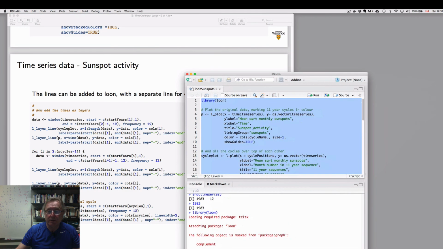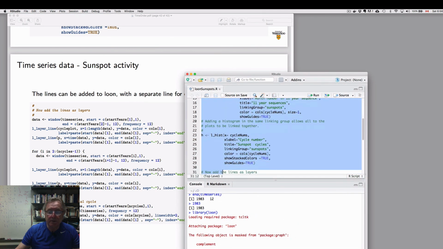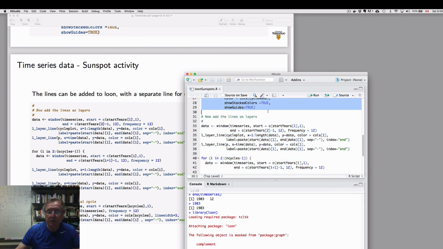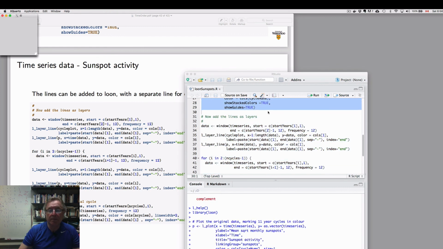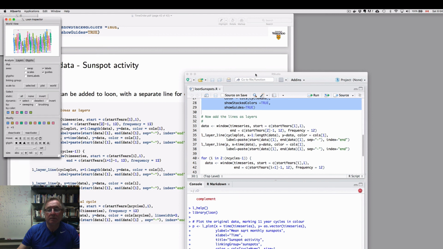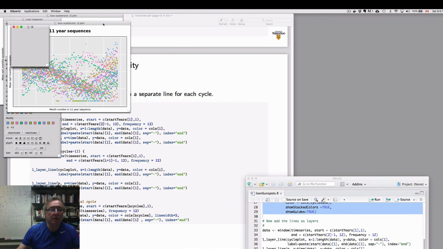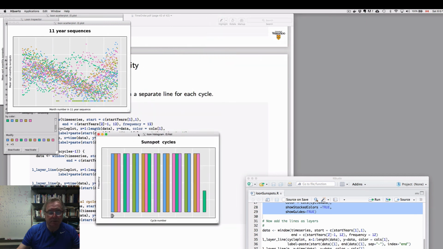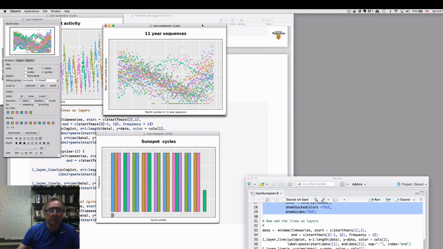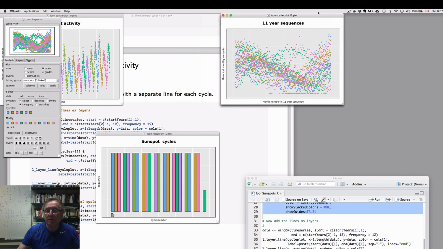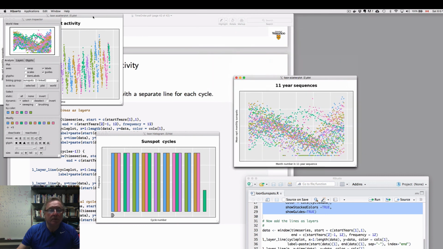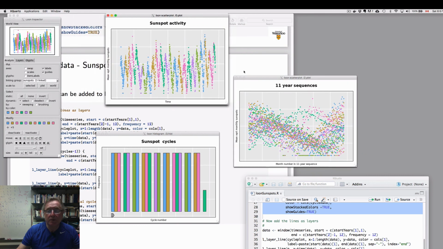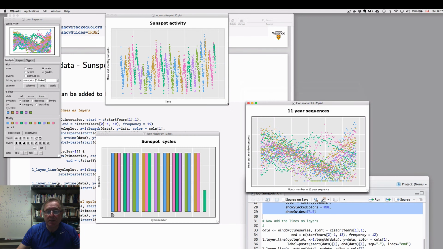So here's going to be loon. This is just the code that we just looked at. And let me do this first before the lines are added. And move this in. So there are my sunspot cycles. This is my data. There's the whole time series where I have the colors side by side.